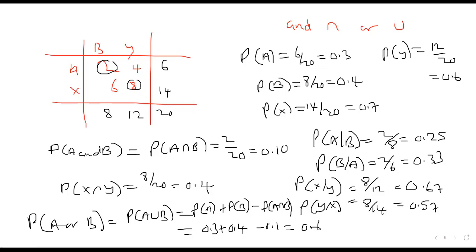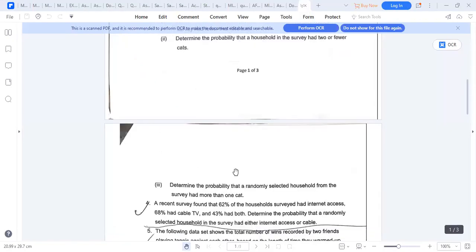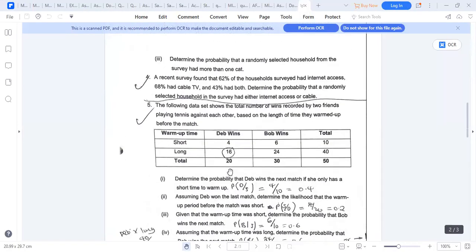If we're given a question like this, with Deborah winning, Bob winning, and the totals, short and long, the examiner wants us to find the probability that Deborah wins if she has a short time.